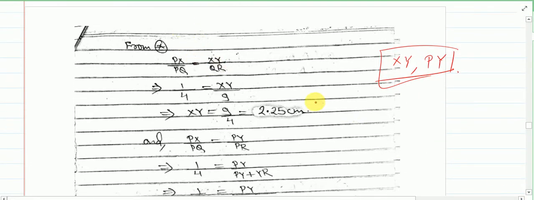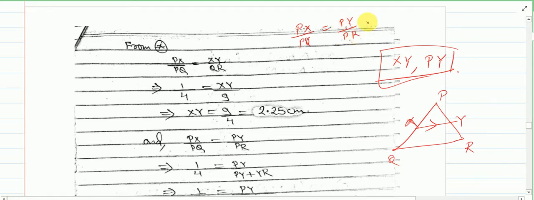So we have this P, Q, R, X, Y. So Px upon Pq is equal to Py upon Pr is equal to Xy upon Qr.